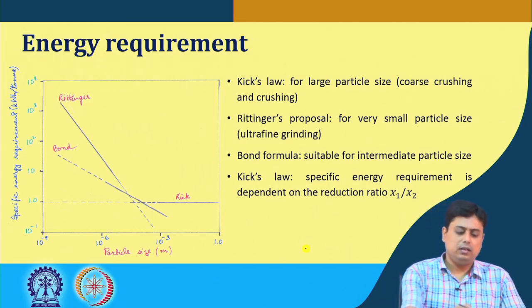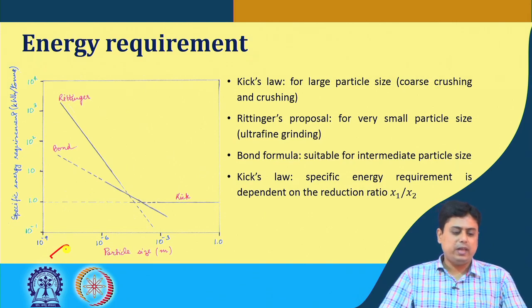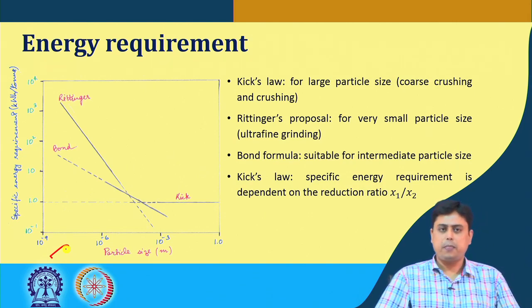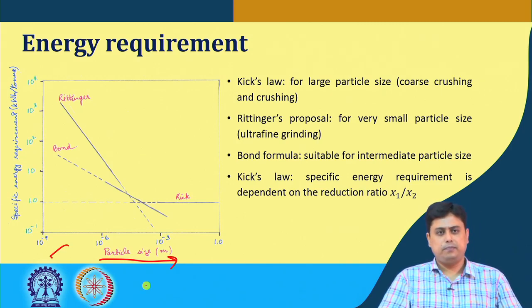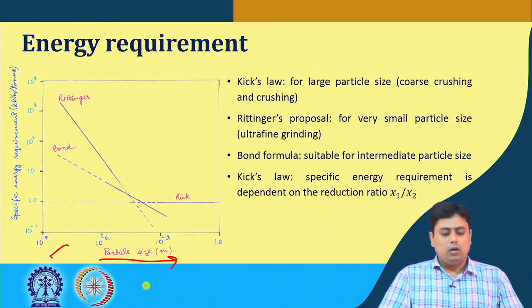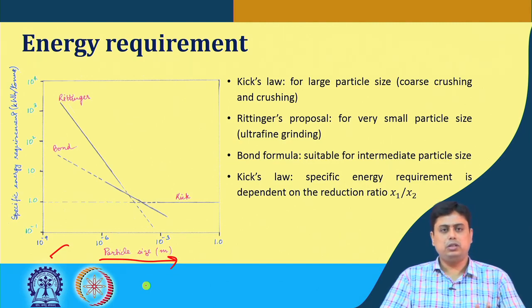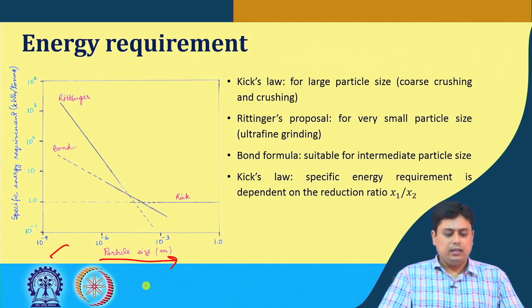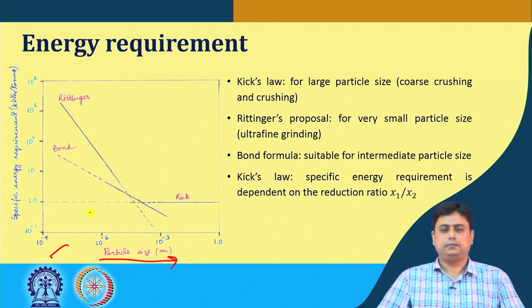In this diagram, the y axis is the specific energy requirement and the x axis is the particle size, and this is in log scale because of the expressions that we have seen. It is pretty logical to put this in log scale, and we can understand the slopes of these curves from those expressions.